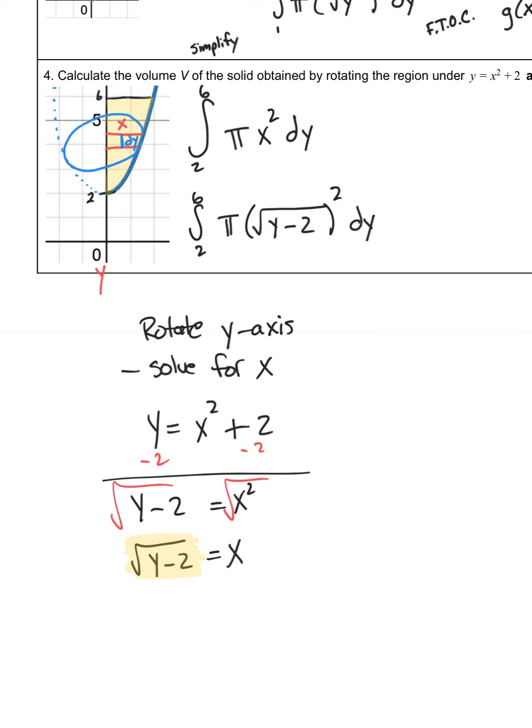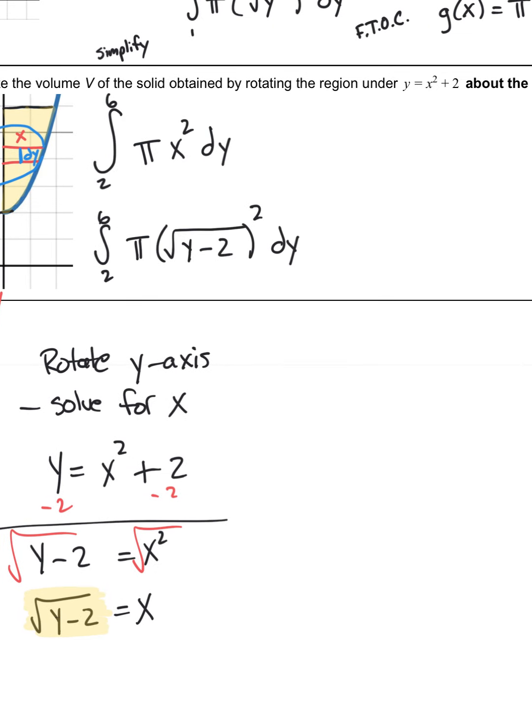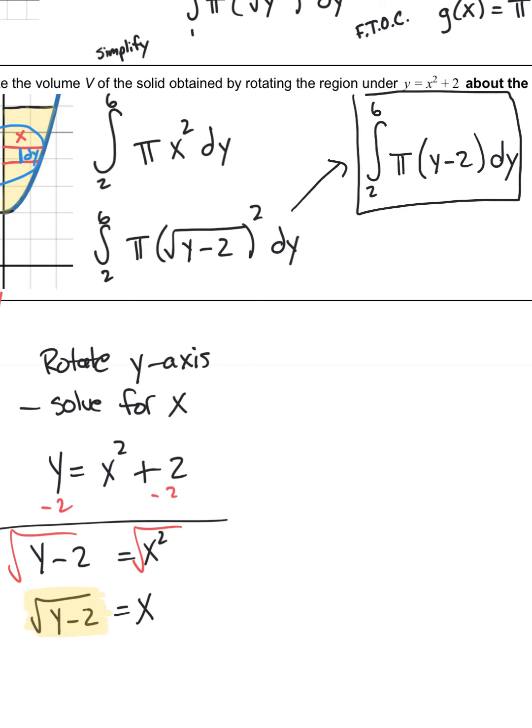Alrighty? Now let's simplify that, because that squared and that square root will cancel each other out. So our final best simplified definite integral is pi, and don't forget parentheses, we need y minus 2 dy. And there is our definite integral.